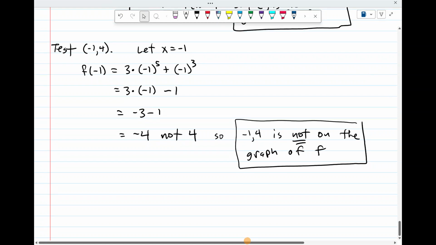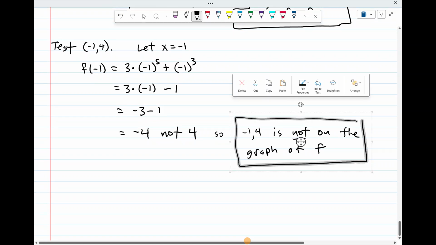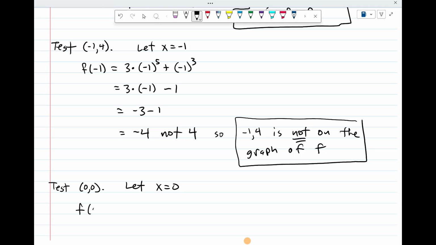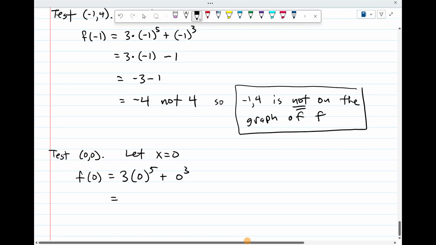Let's test the very last one, which is 0, 0. Let x equal 0. F of 0 will be equal to 3 times 0 to the fifth plus 0 to the third. And hopefully it's fairly obvious that'll be 3 times 0 plus 0, which is 0.